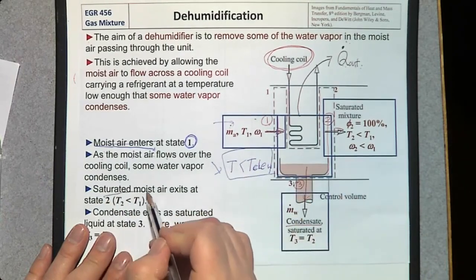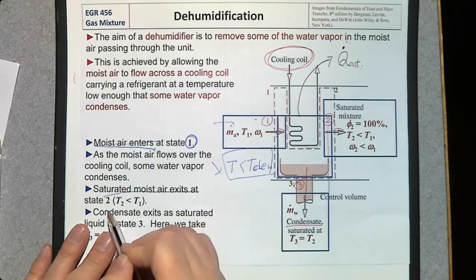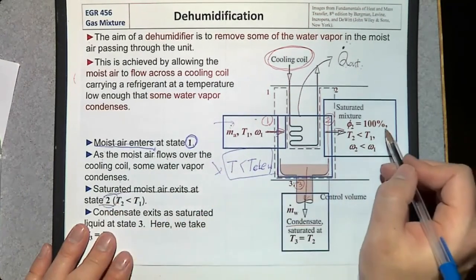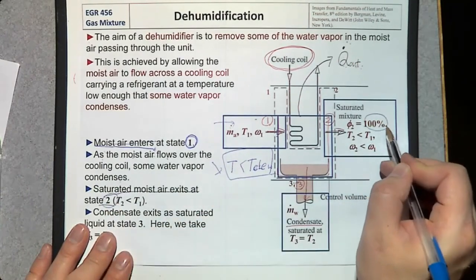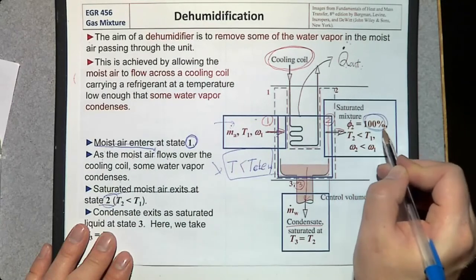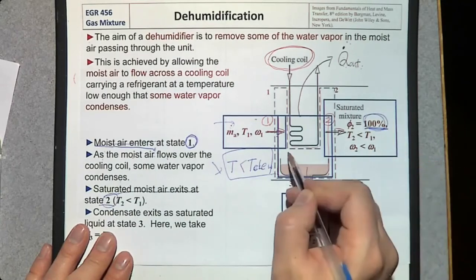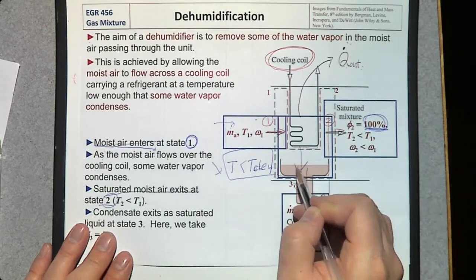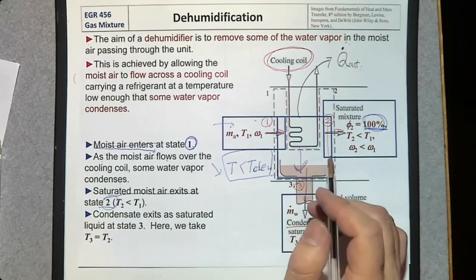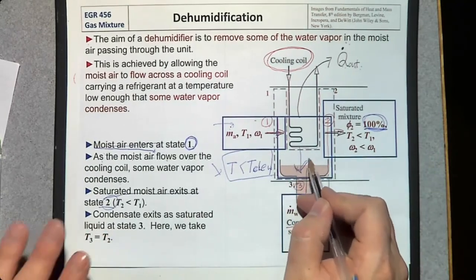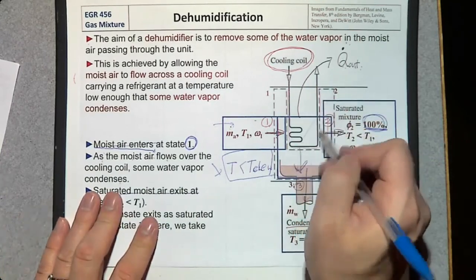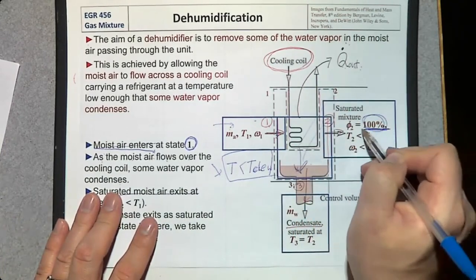And saturated moist air exits at state 2. So our assumption is that the relative humidity at the exit number 2 is going to be 100% because there is a condensation. That means the relative humidity inside this dehumidifier is already 100%.